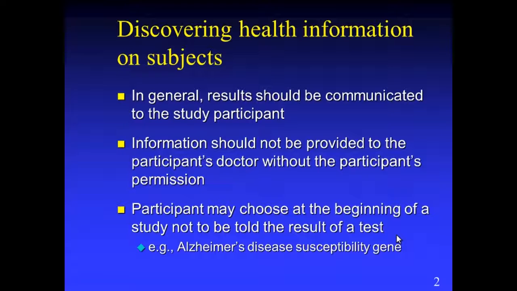So first of all, what happens if we discover health information, particularly potential health problems in one of our participants? The basic principle is that study participants have the right to any information that we collect on them. And if we're going to deny it to them in some way, it needs to be justified.